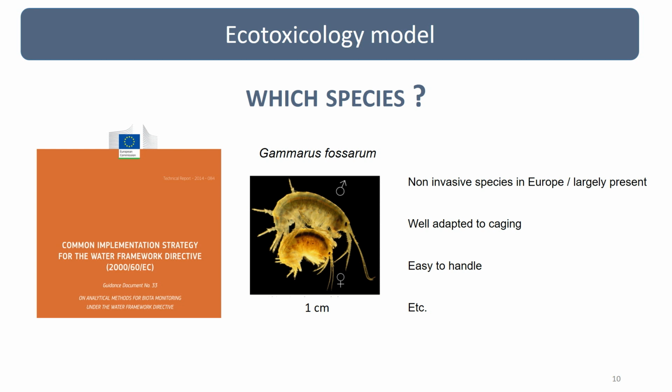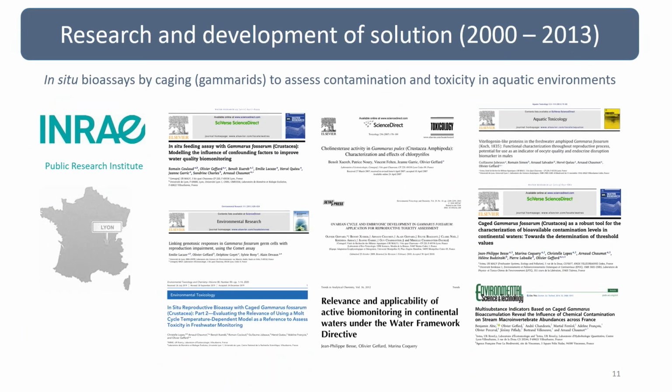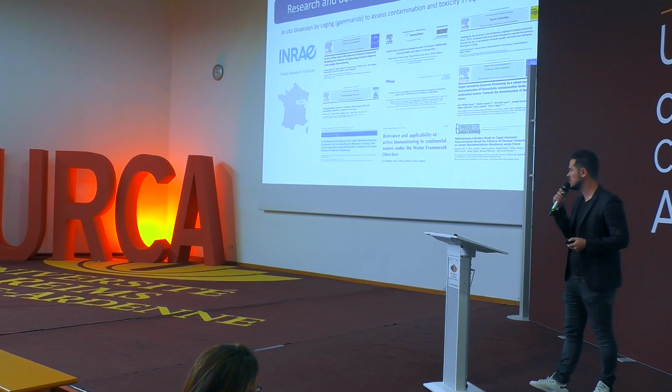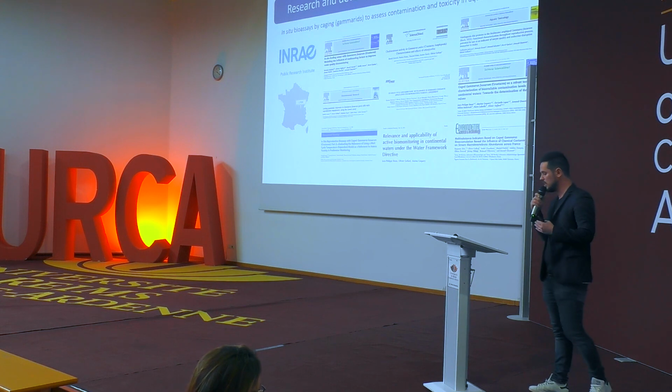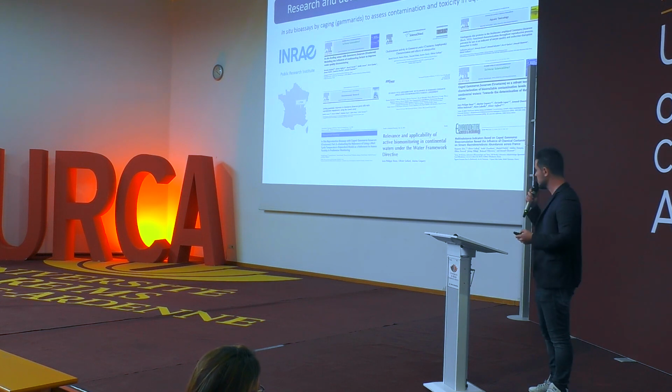It's not the case for every species. And it's easy to handle, for example. So, in this context, during 15 years, in a French research institute in Rai, there was development to propose in situ bioassays by caging gammarids to assess contamination and toxicity. So there are many publications and theses.